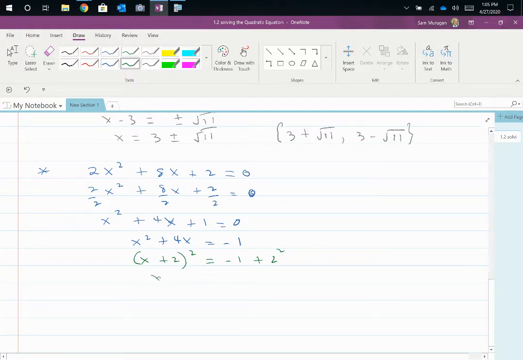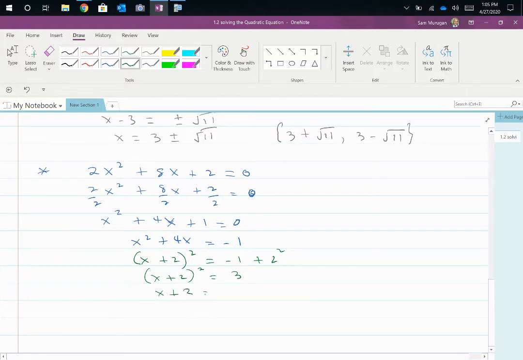So this is x plus 2 squared is equal to 2 twos are 4 minus 1, which is positive 3. So we use the square root property.